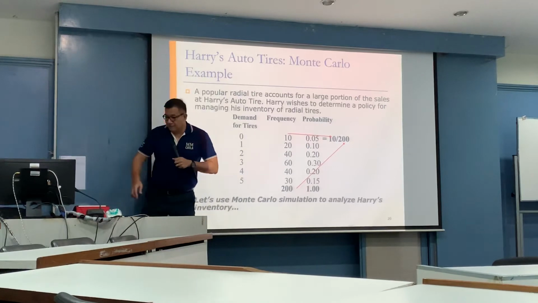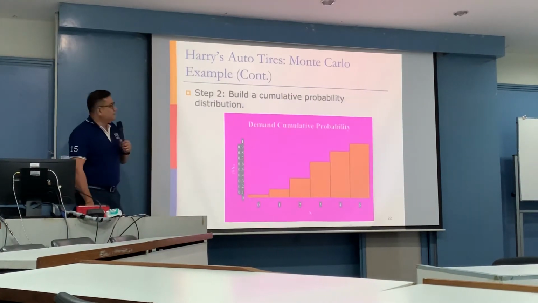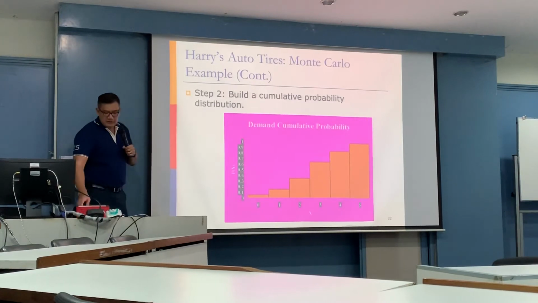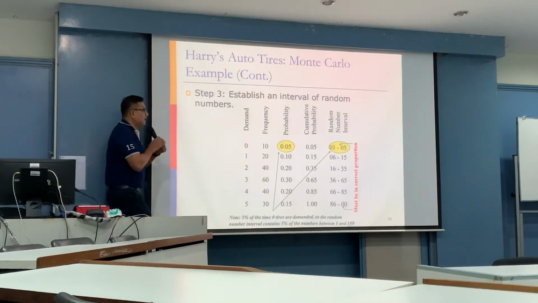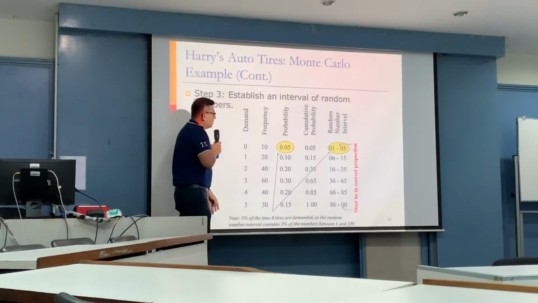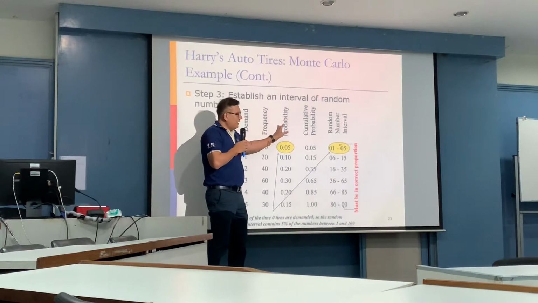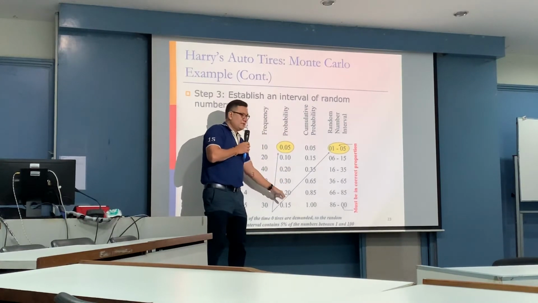So then we have the probability distribution. I just want to show the graph, nothing much. And then we develop the cumulative. What is the cumulative thing? Just look at the fourth column. We just do the cumulative of the probabilities from the previous slide.